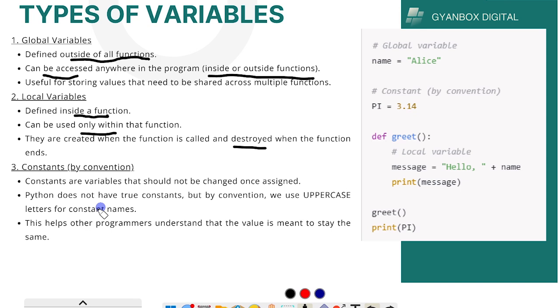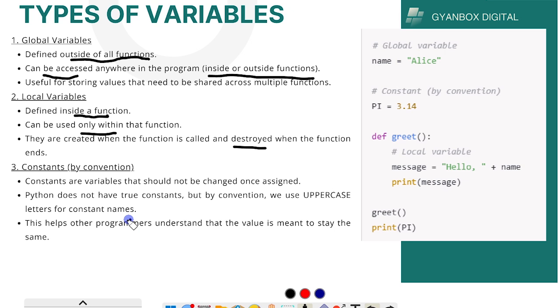And the third is constants, by convention. Constants are variables that should not be changed. For example, if I am creating a value of pi, the standard value of pi is say 3.14, the value must not be changed, so it should be kept constant. Python does not have true constants, but by convention we use uppercase letters for constant names.